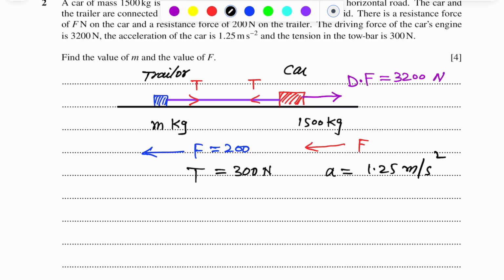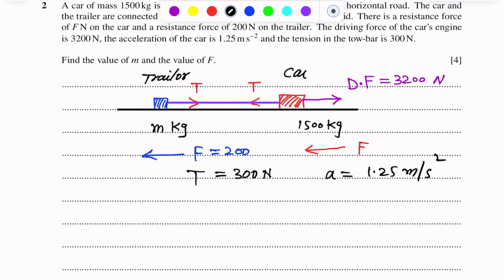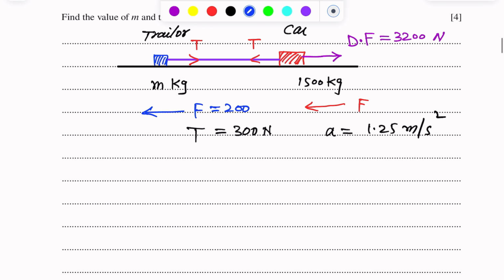Now we will make two equations, one for the car and one for the trailer. First, considering the car's motion, we use Newton's second law of motion.